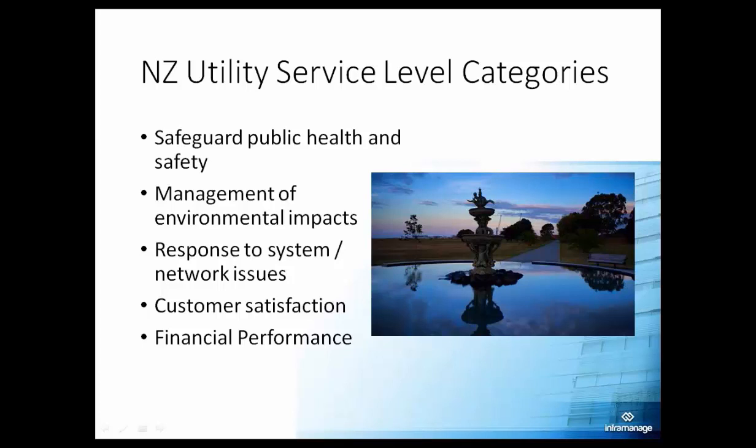But don't avoid doing the service level part just because you haven't gotten the consultation done or you're not comfortable with that. Just setting those service levels initially around the things that really matter to you, and at least starting that process and tracking your progress toward meeting those, is a good place to start.